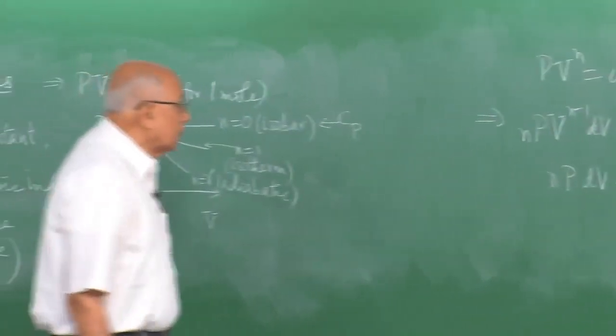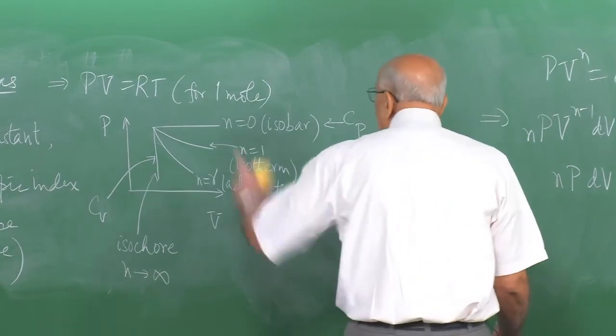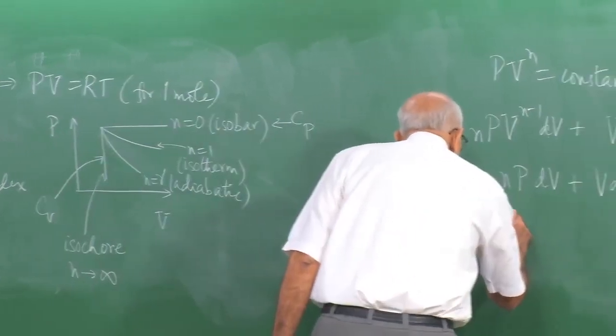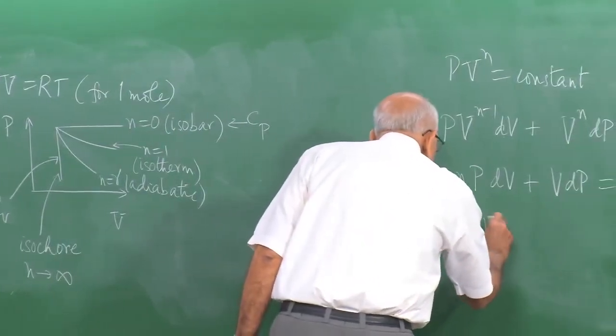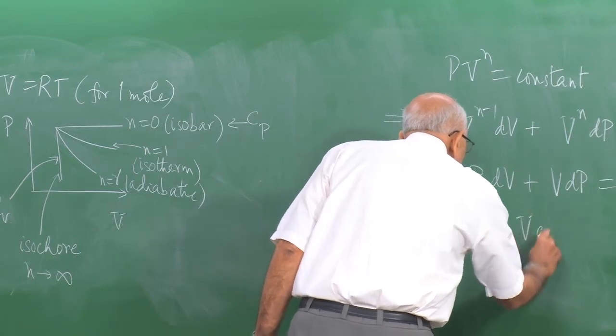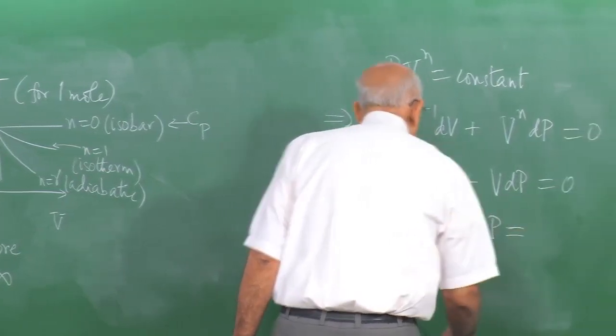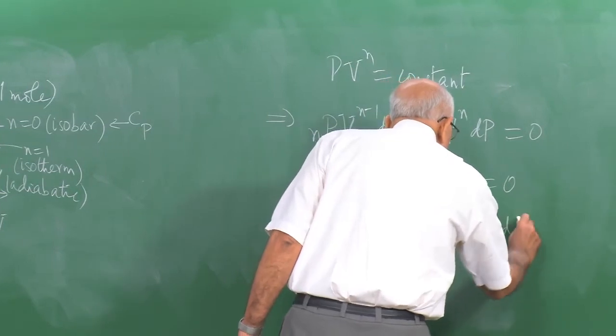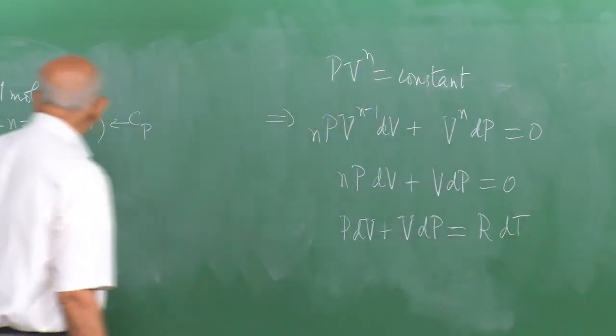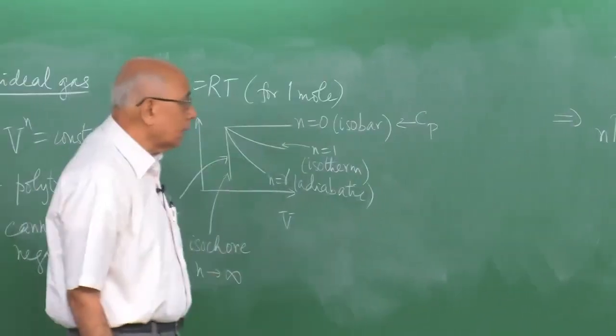Okay. But we also know that PV is RT, so we know that P dV plus V dP, this quantity, is equal to R dT in general by differentiating this equation here. Okay.